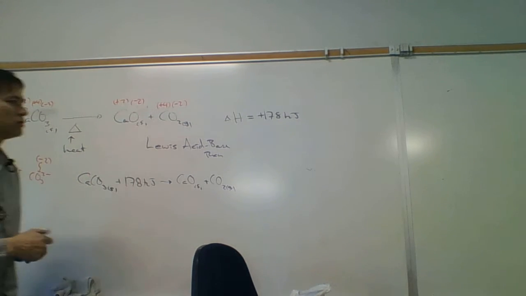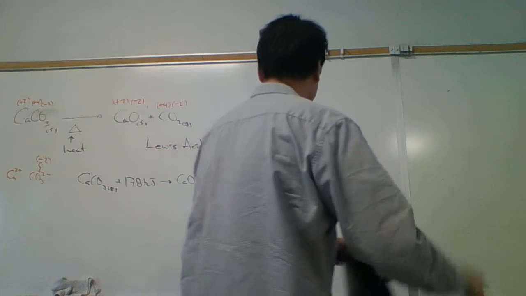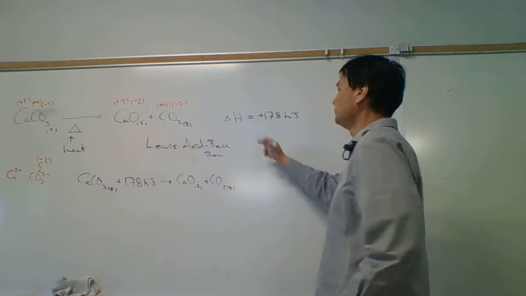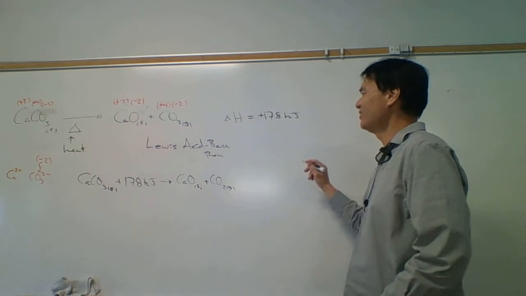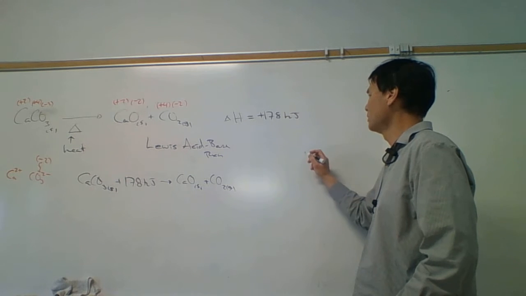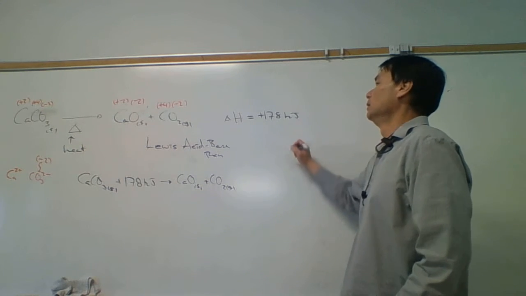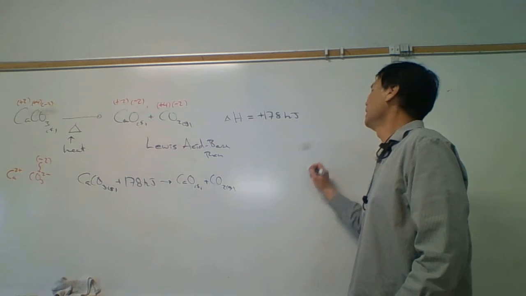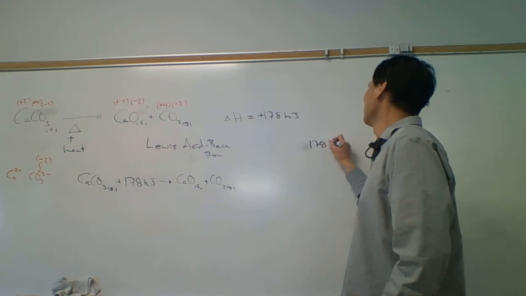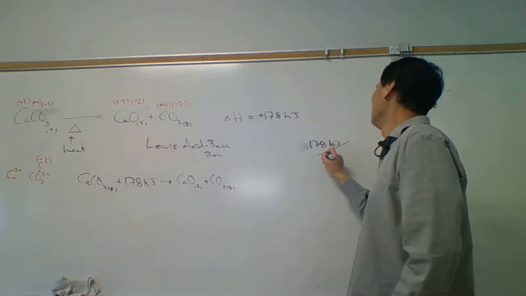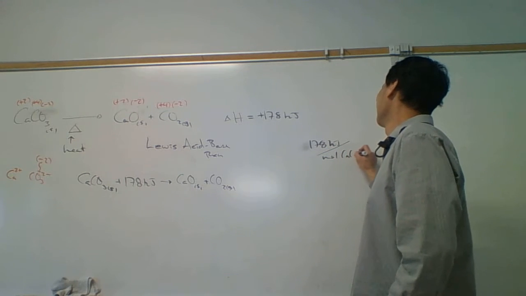And so the conversion factors that we can get are like this. We're going to get calcium carbonate. It'd be 178 kilojoules per mole of calcium carbonate.